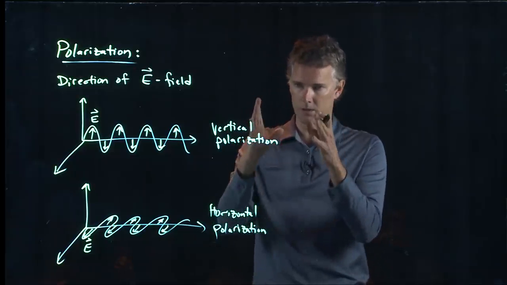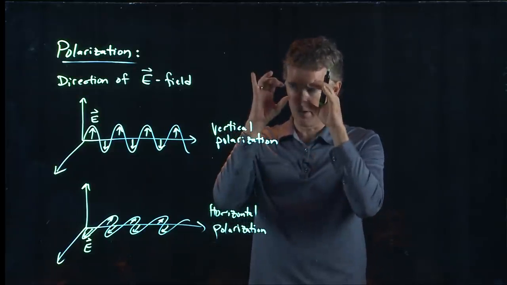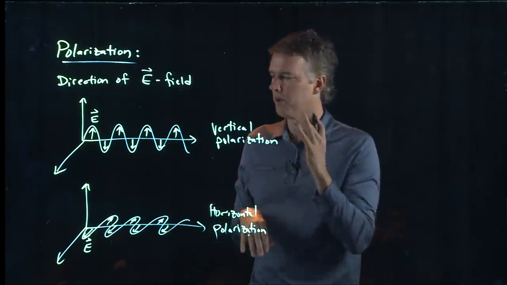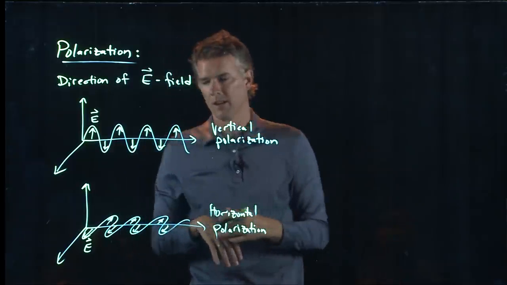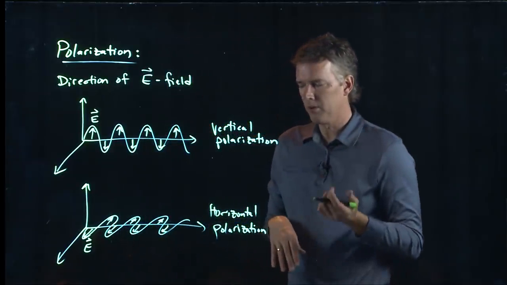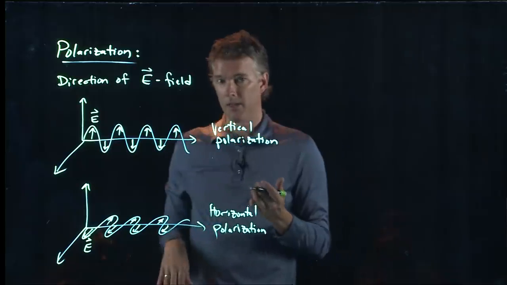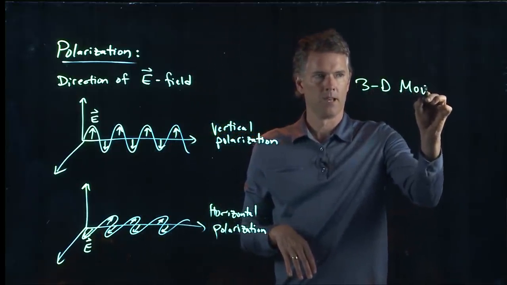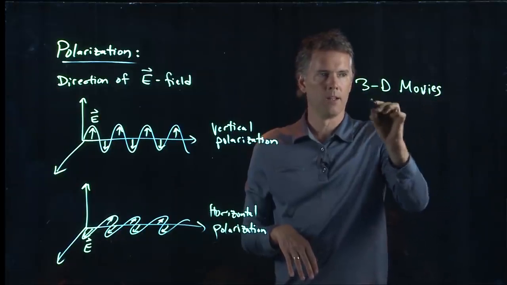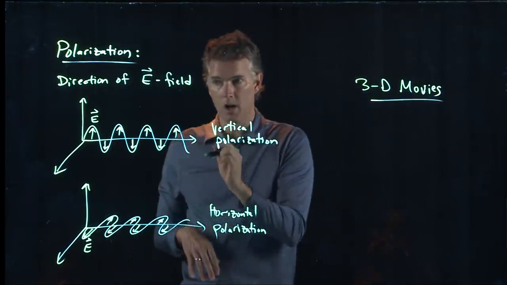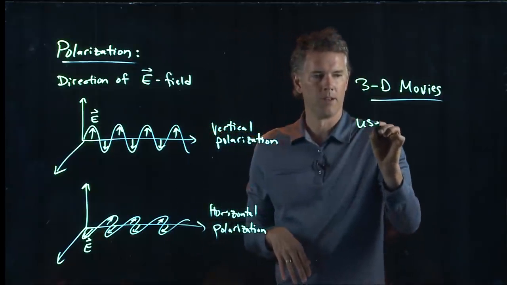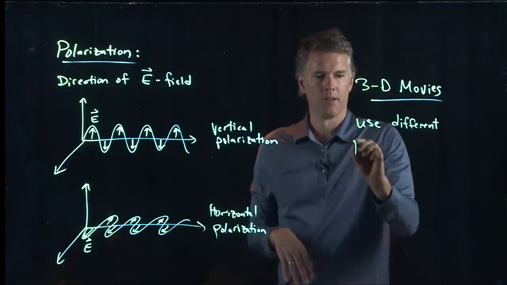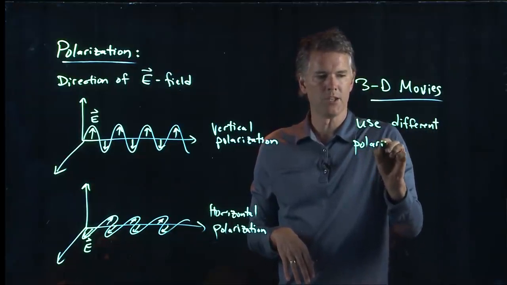When you're looking at the ocean, you see a bunch of glare, put on your polarized sunglasses, and the glare goes away. That's because that glare is polarized in one direction, and your polarized sunglasses block it. But this is also used in things like 3D movies. 3D movies take advantage of polarization, and basically they use a different polarizer for each eye.